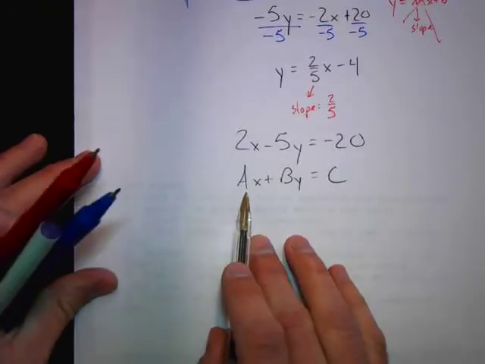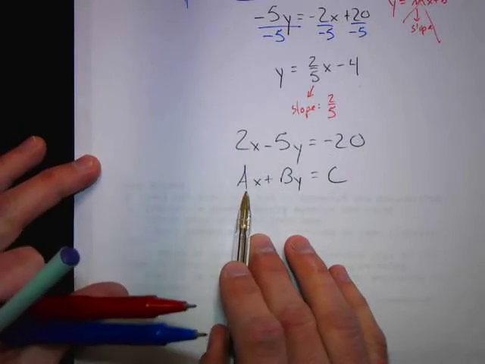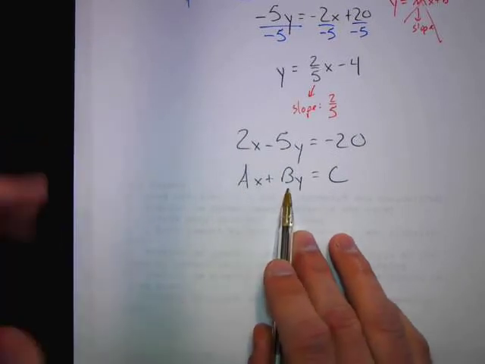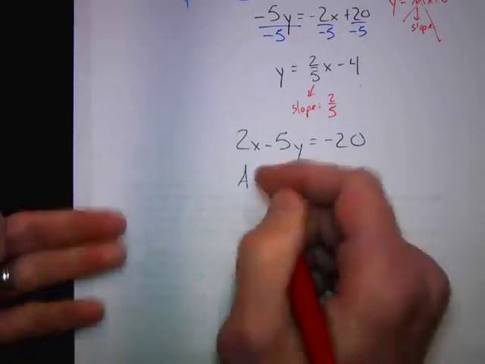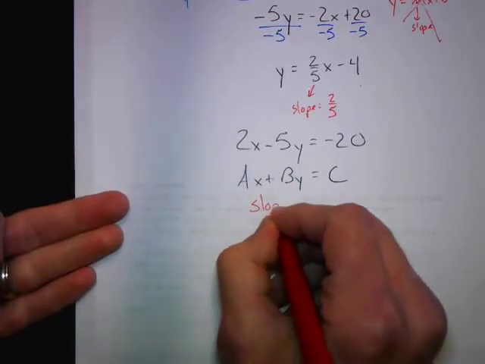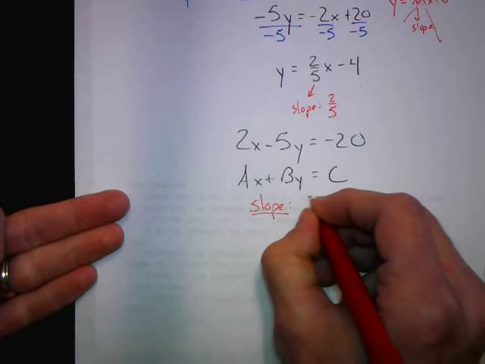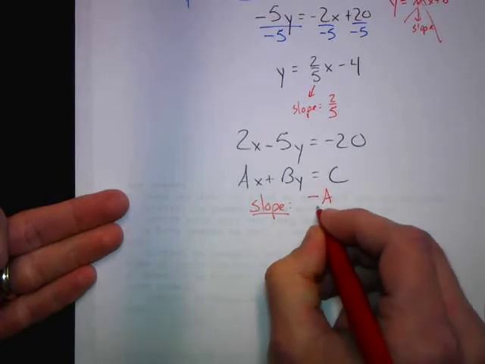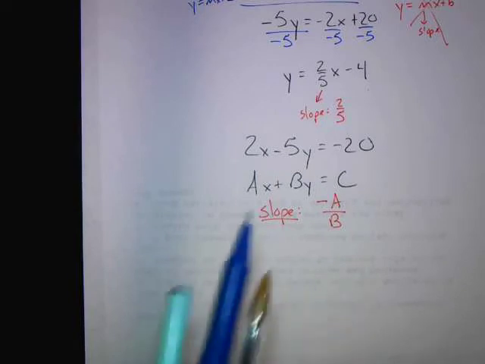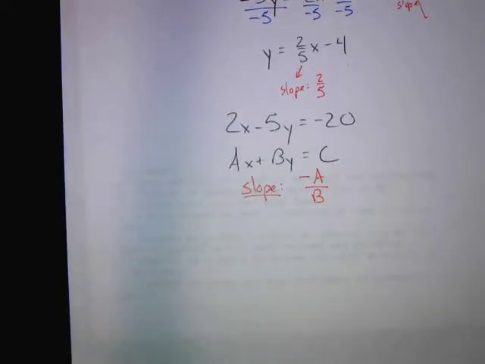So we could undo the ax from both sides and divide by b. And so you can tell slope from standard form is when we undo a and divide by b. So the slope from standard form, opposite a over b.